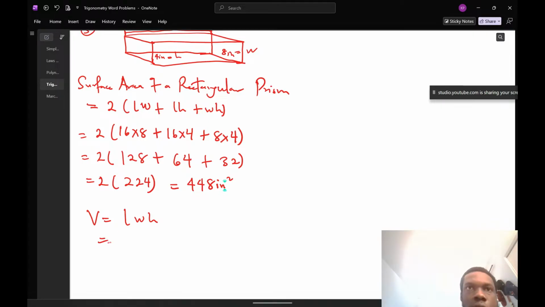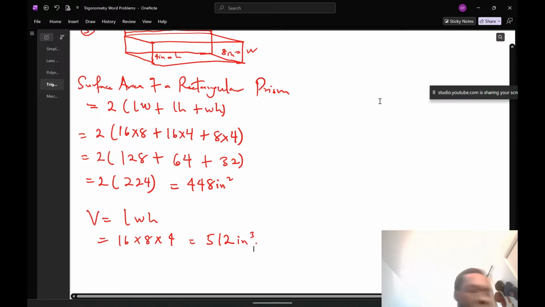So that equals 16 times 8 times 4. 16 times 8 is 128. 128 times 4 is 512. So that's 512 inches cubed. So that's it for that question.